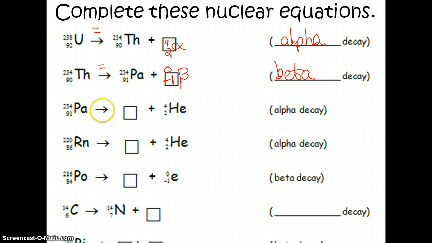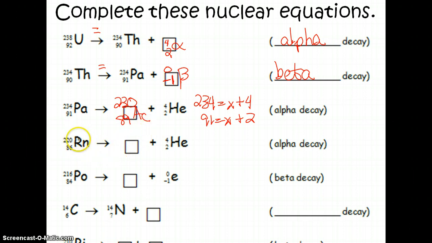All right, now 234 equals x plus 4, so 230. And then 91 equals x plus 2, so 89. All right, and when you look on the periodic table for the atomic number 89, you see that is element actinium, or Ac.